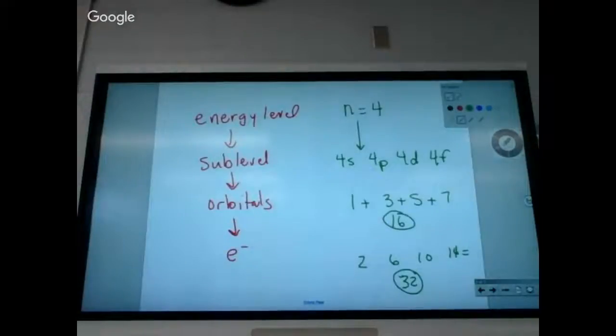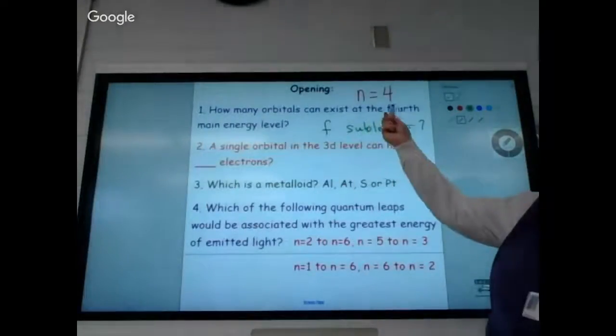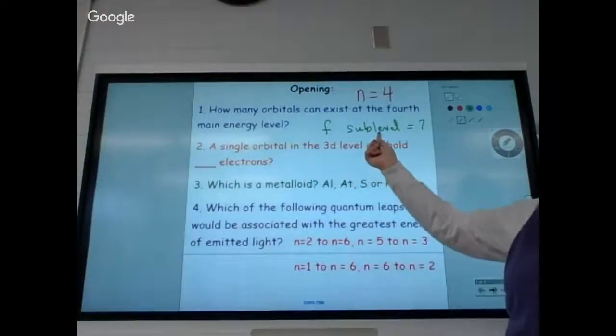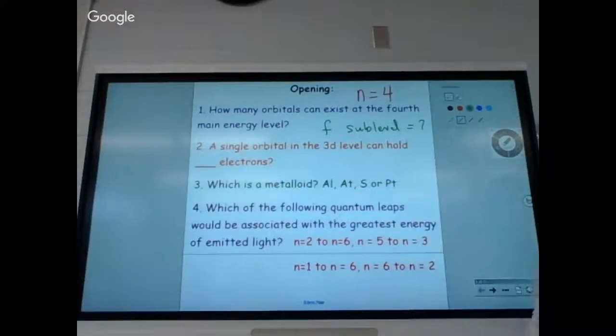But again, if you wanted to find the electrons, which was what we were just talking about, for an f sublevel, instead of 7, it would be how many? If we go back to the same thing, n equals 4 was 32. But if I said the f sublevel, now how many electrons would it have?